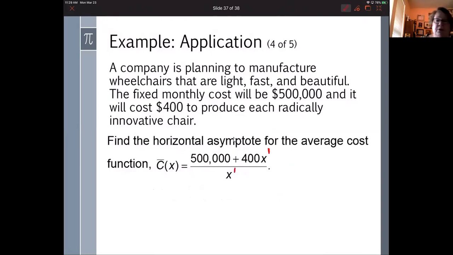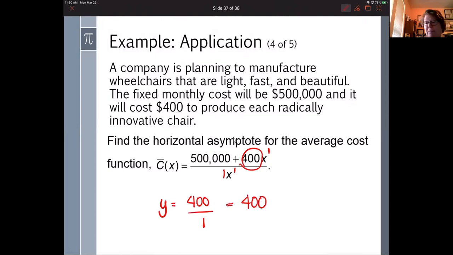And if the numerator's degree equals the denominator's degree, then you can find the horizontal asymptote by taking a ratio of the leading coefficients. So our leading coefficient here is 400 because 400 is what we're multiplying times our x. And our leading coefficient here is 1. So our horizontal asymptote is y equals 400.